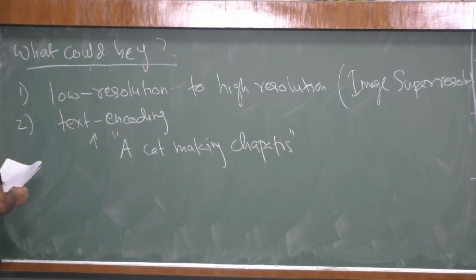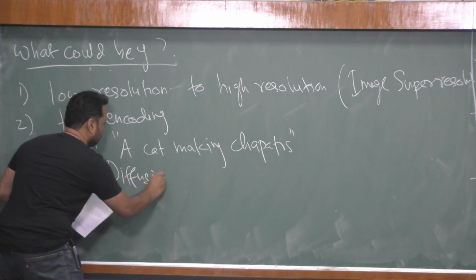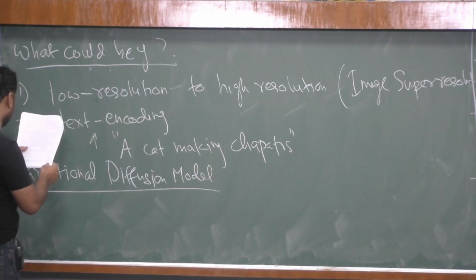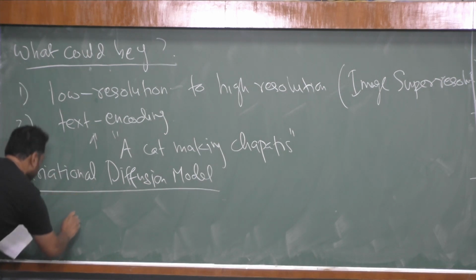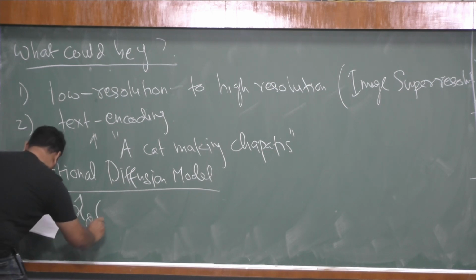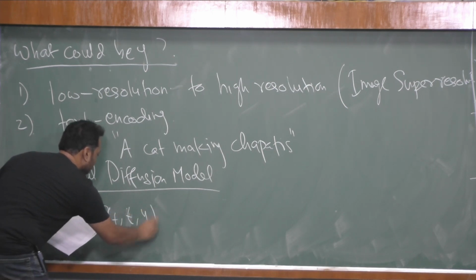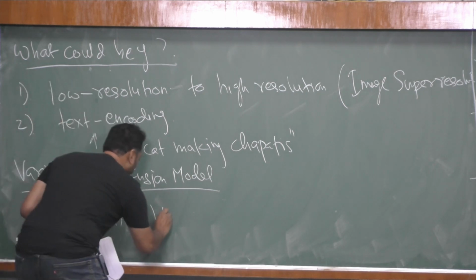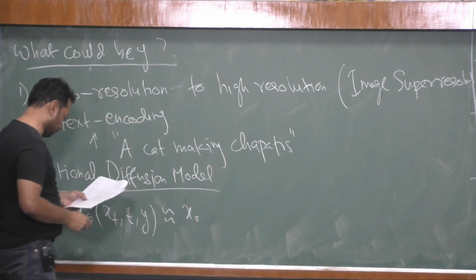For the variational diffusion model, the change is that we will have an additional Y. So this is x theta of xt, t, and y. Earlier we had only xt, but now we have additional y, and this is what we are trying to approximate, x naught, the image that we have.